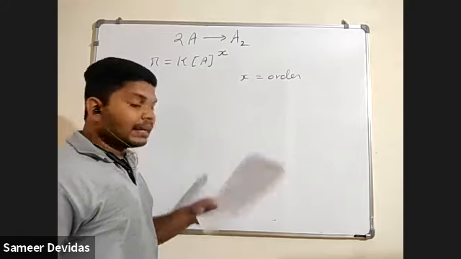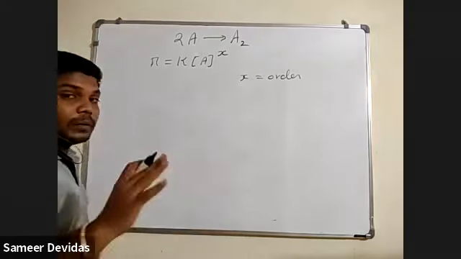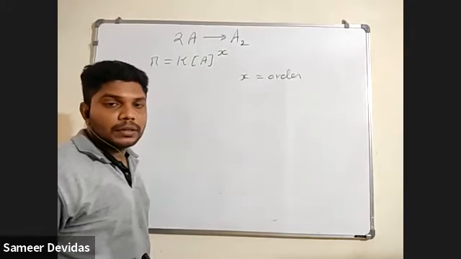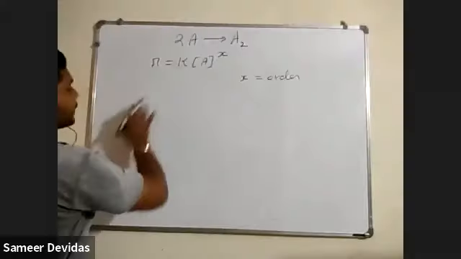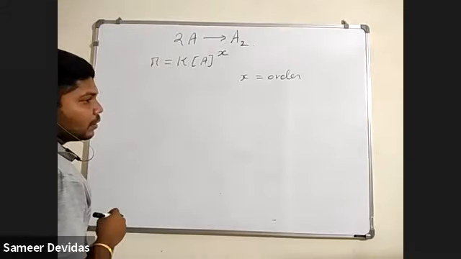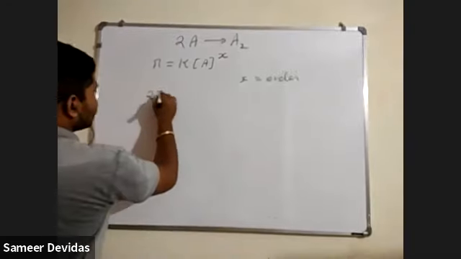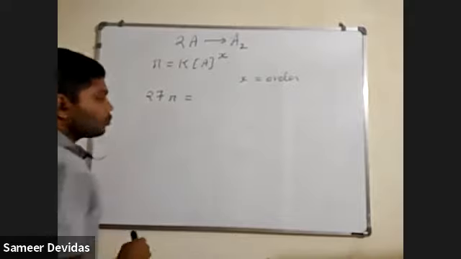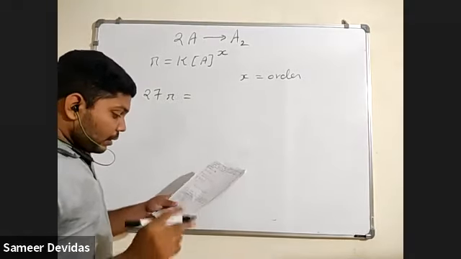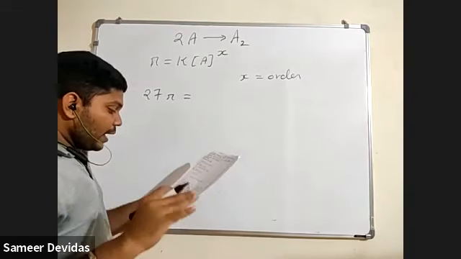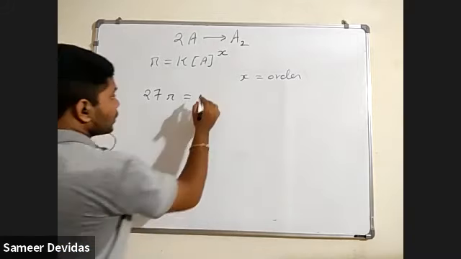Now let's read the question properly. For a reaction, the rate of the reaction becomes 27 times. So how many times is the rate increased? 27. Rate means the left hand side, so 27 R. Then the concentration of A is increased 3 times.